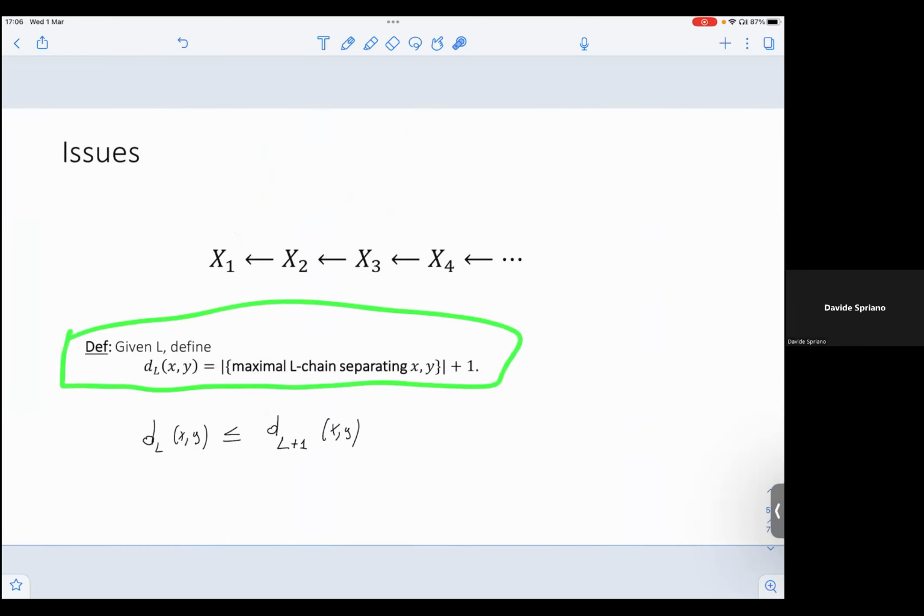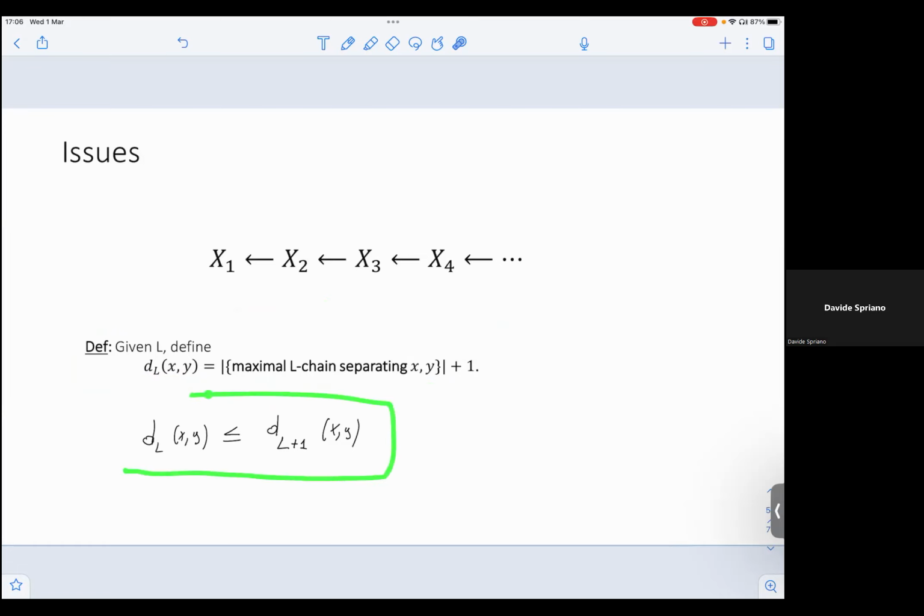Just recall the definition: fixed an L, I define the distance to be the size of the maximal L chain. And since being an L chain is a stronger requirement than being an L+1 chain, any L chain that separates x and y is by definition an L+1 chain. So the distance satisfies this inequality. So those spaces get bigger and bigger.